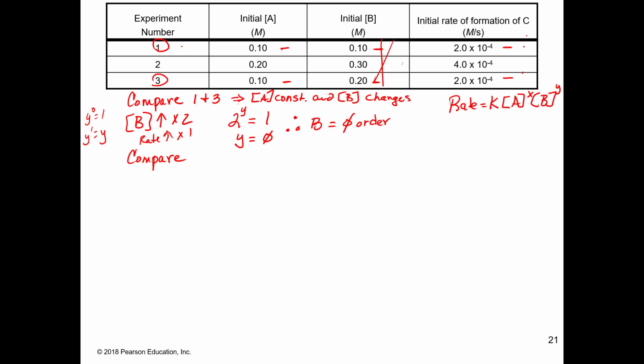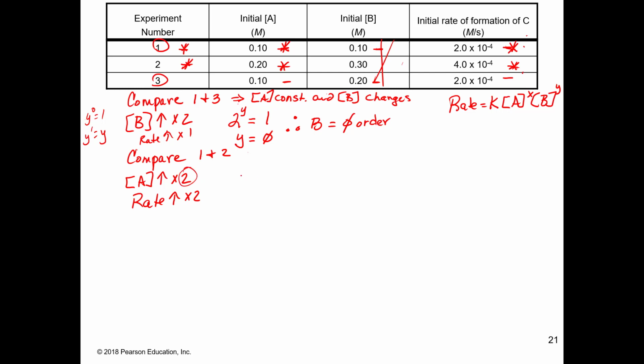And in this case, 1 and 2, I go from point 1 to point 2 of A, and I went from 2 times 10 to the minus 4 to 4 times 10 to the minus 4. So I'm going to compare 1 and 2, okay, and see what happens with A. So A increases times 2, and the rate also increases times 2.